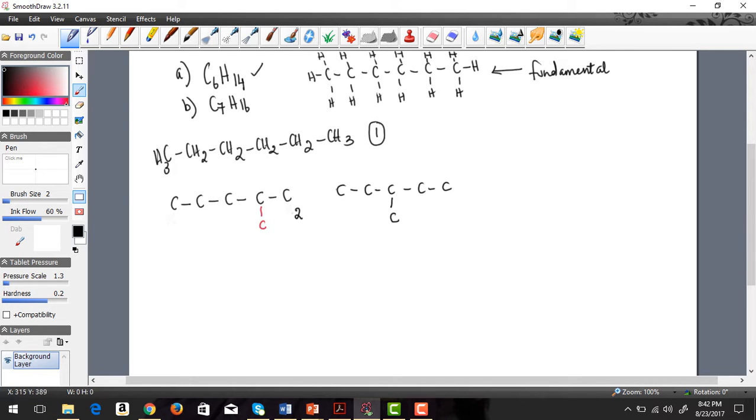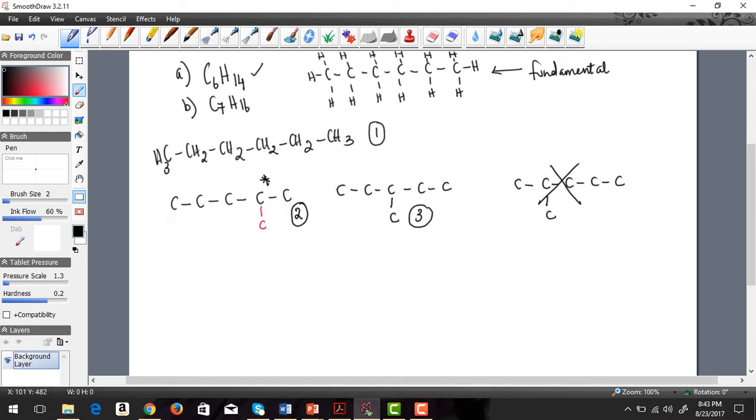So this counts as the second isomer and this counts as the third isomer. Let's do one more just to point out why you can't have this. You may have started on this side, and if you end up with this, that is the same as this one right here. It's on the second carbon, except this time you're going from right to left and this is left to right. So this is not another isomer. That's it, you're done. You don't have any more places to go with the 5 carbon system.